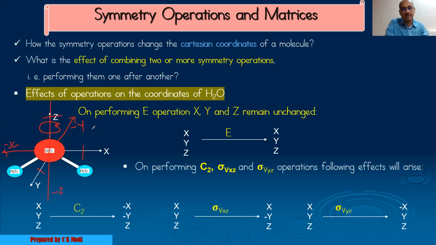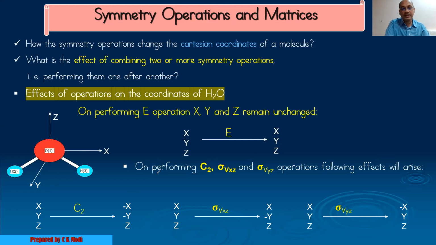For example, on performing the E operation, what is the position of x, y, and z? We know that the E operation means no change is made in the molecule, so the positions of x, y, and z remain as they are. Therefore, after the E operation, x becomes x, y becomes y, and z becomes z. No change is made.